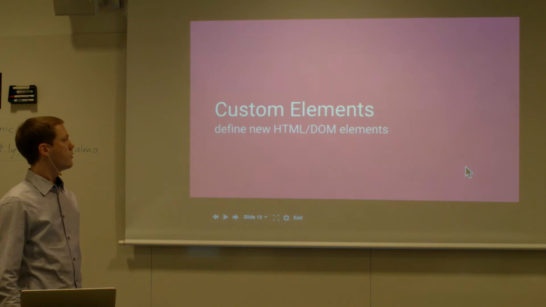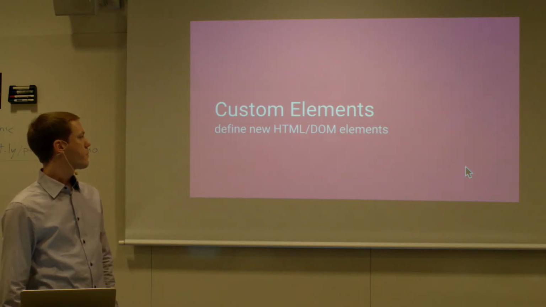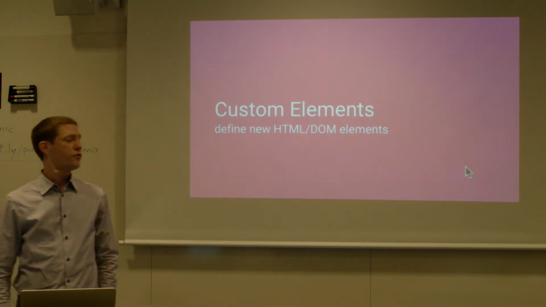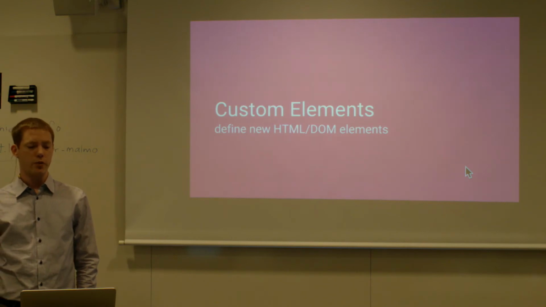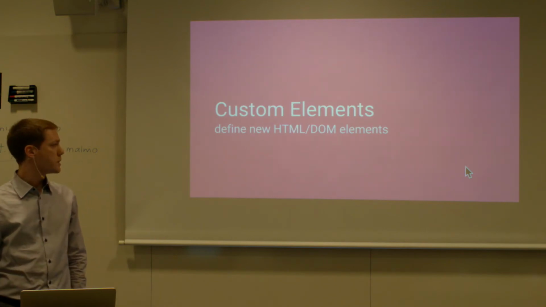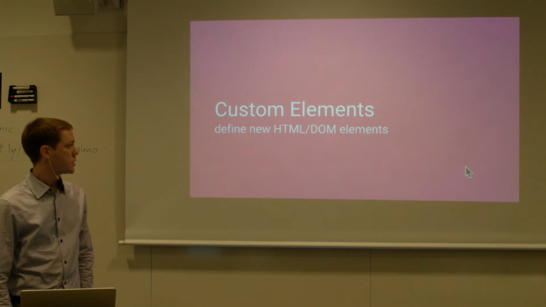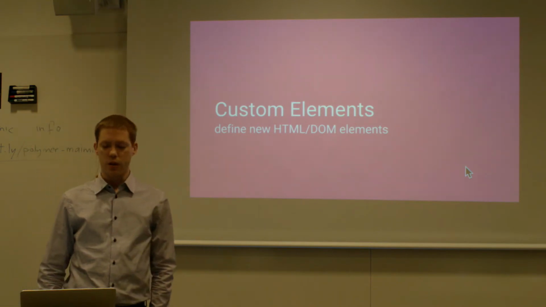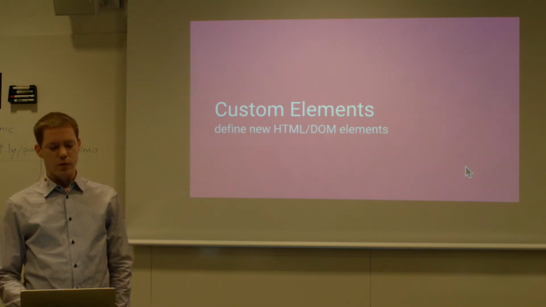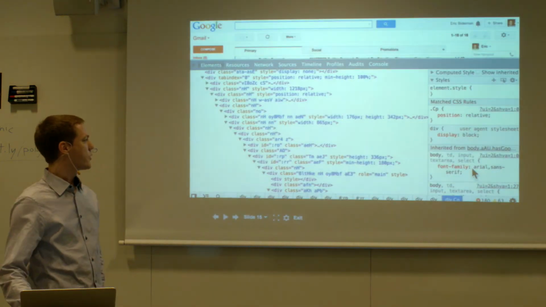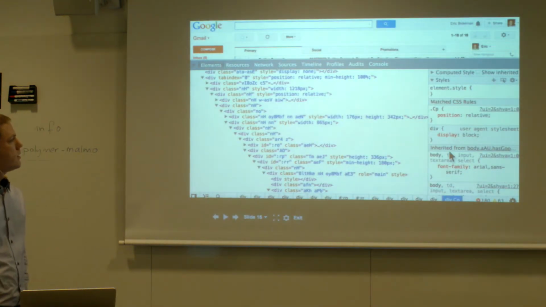So if we start off with custom elements, web components consist of 4 parts, and we're going to run through them now. One of them, custom elements. This is a way to create your custom HTML and DOM elements, and the problem it tries to solve is this. I think you've seen this yourself.